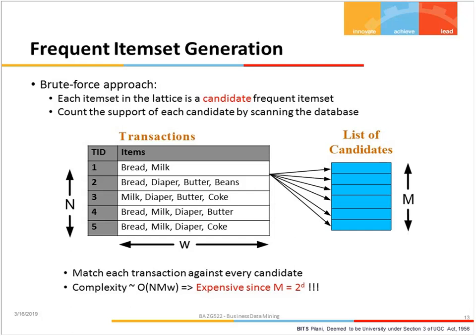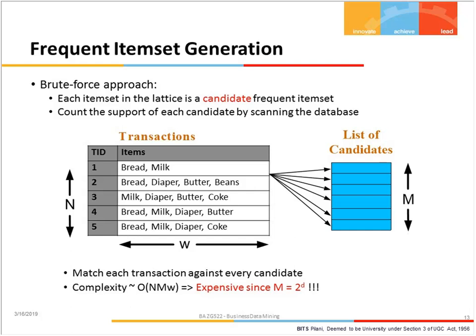Let's say there are 5 items in the frequent item set, and we need to find out whether the transaction supports that item set. So you need to compare each item in the transaction with each item in the item set. So if there are w items, we need to make the comparison w times at least.